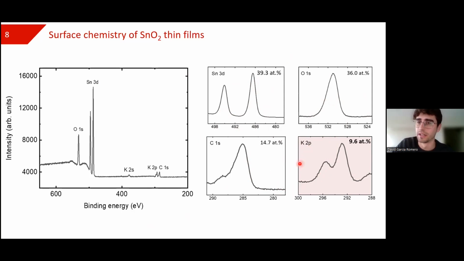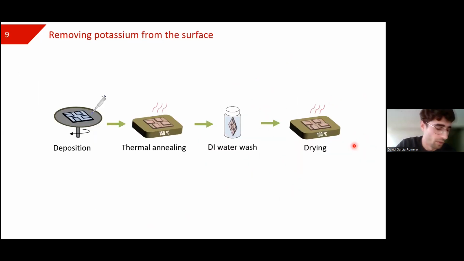The 2p orbitals from the potassium atom have a large presence on the surface, in this case close to 10%. So we thought, maybe these potassium cations are coming from those ligands that need to be there to make the solution stable, and those could be the cause of our inefficient electron extraction.